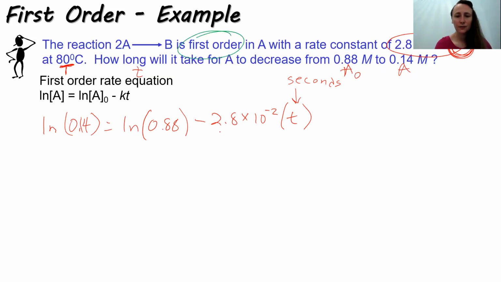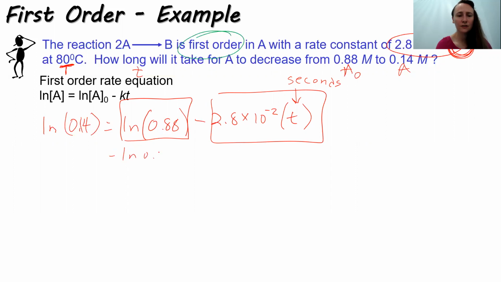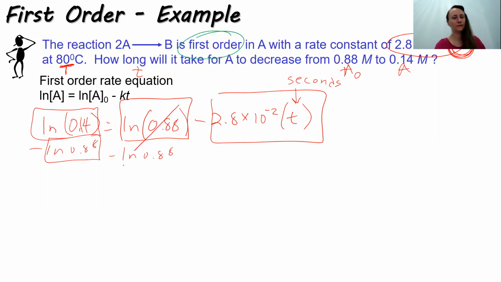All right, so we have subtraction of two terms here. So the first thing I'm going to do is subtract the natural log of 0.88 from both sides. So I'm going to calculate this and then calculate this and subtract.